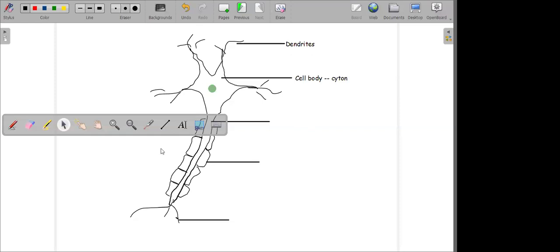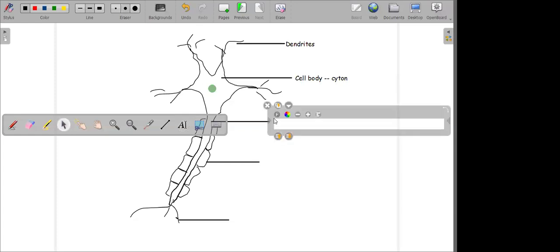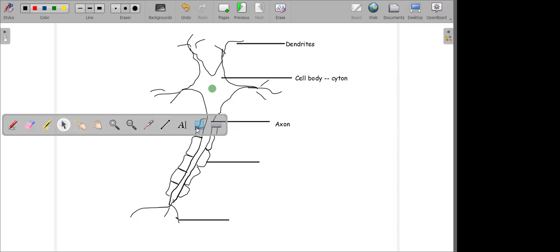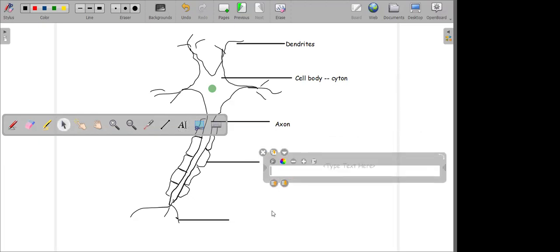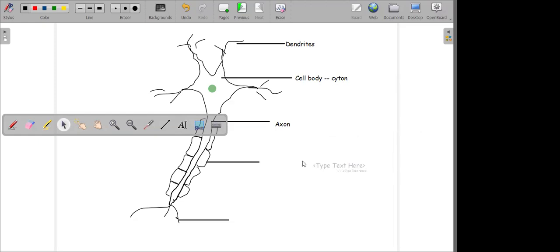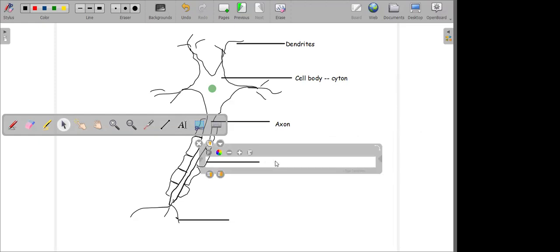The next here you write axon. Axon. Then after axon you have myelin sheath. Myelin sheath.